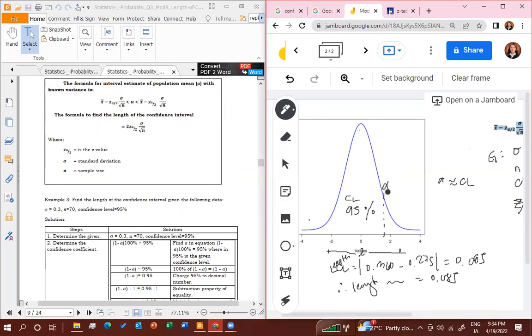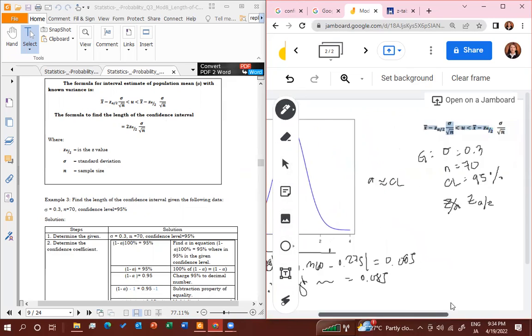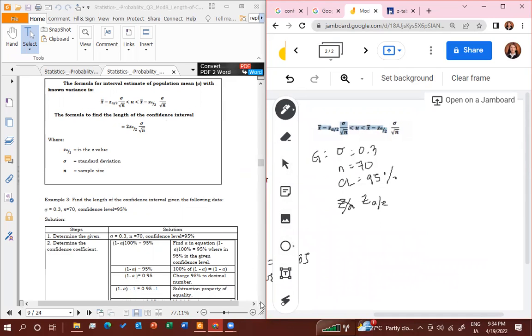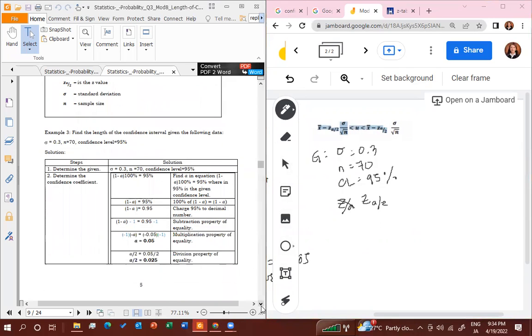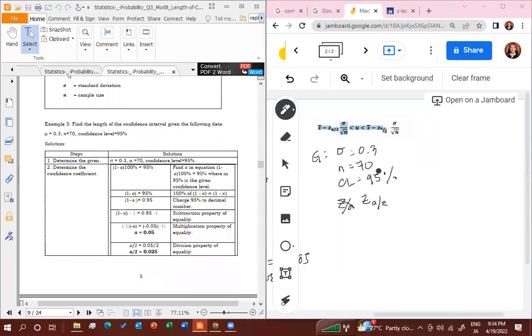So alpha is divided by 2, and this whole large chunk right here would be 5%. With this formula we are assuming the former. First, what we will do is look for z alpha divided by 2.